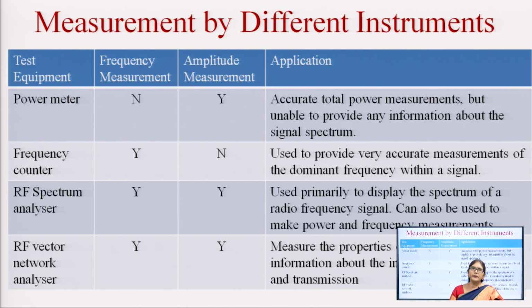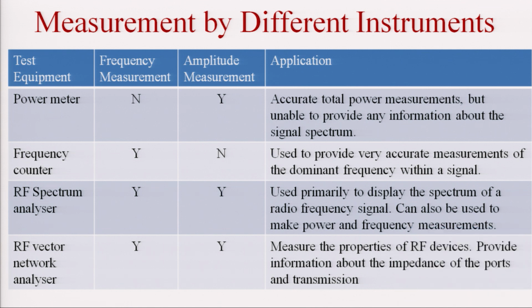These are the different instruments that we use for measurement. The power meter is used for the measurement of amplitude, and it measures the accurate total power. With a frequency counter, we can measure the frequency very accurately.